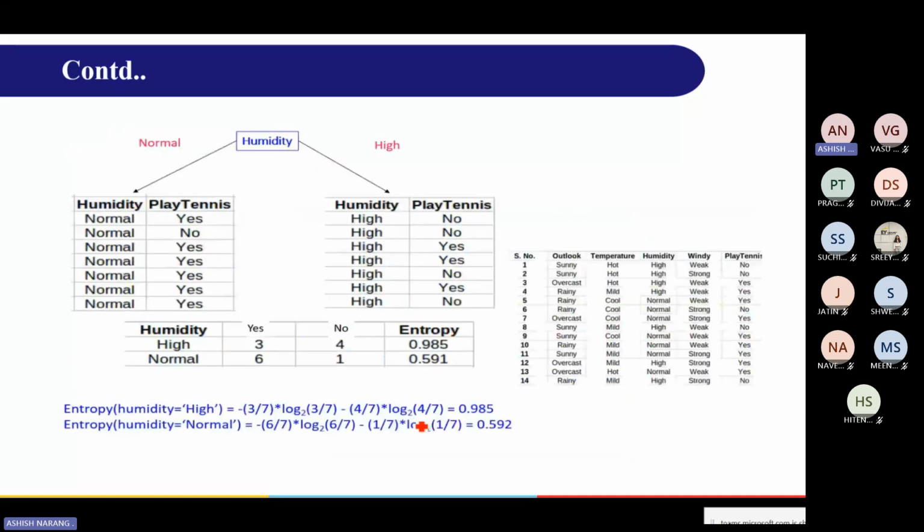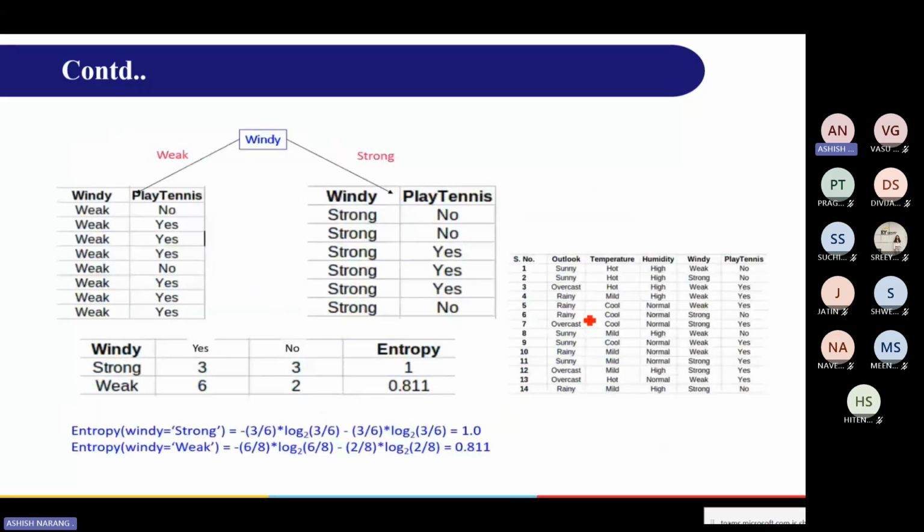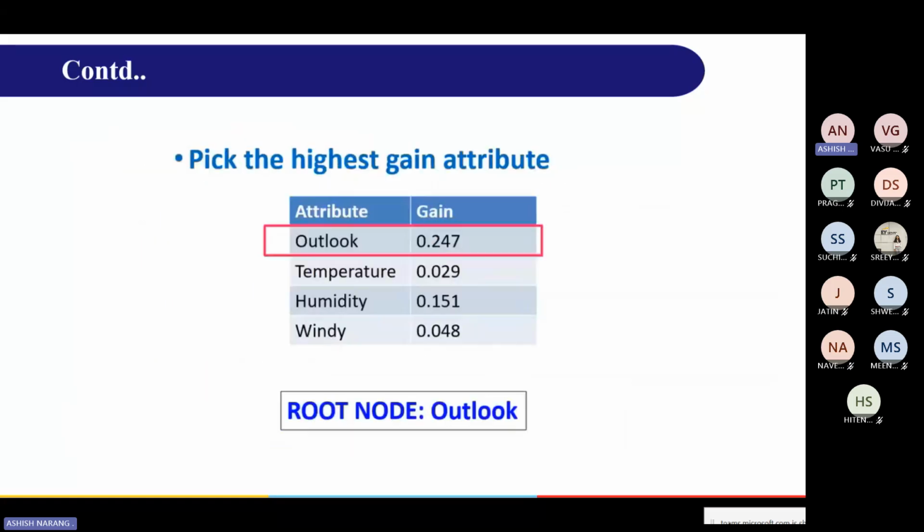When I did all the same calculations with humidity, it came out to 0.151 as information gain. Still outlook, at 0.247, is better. Finally, windy gives an information gain of 0.048. Still outlook is better. This is the information gain from outlook, temperature, humidity, windy. So outlook clearly wins to be at the root node, and a similar process can be followed for the other nodes to complete the tree.